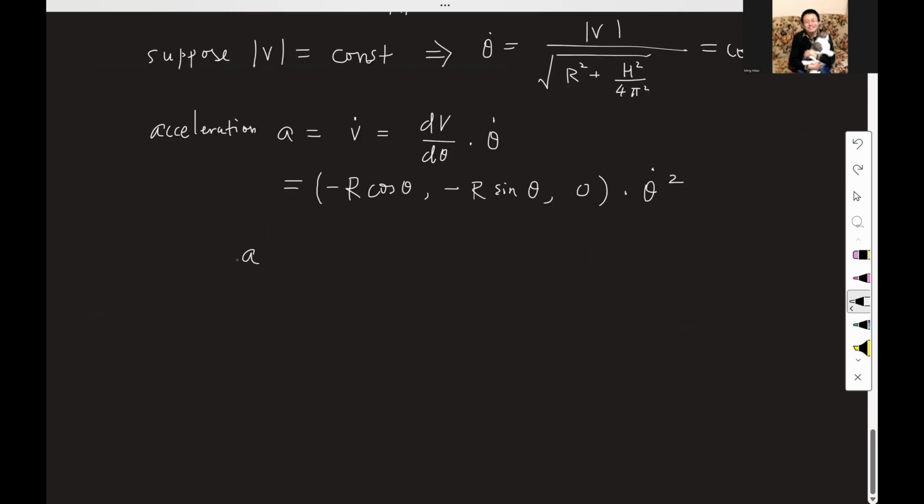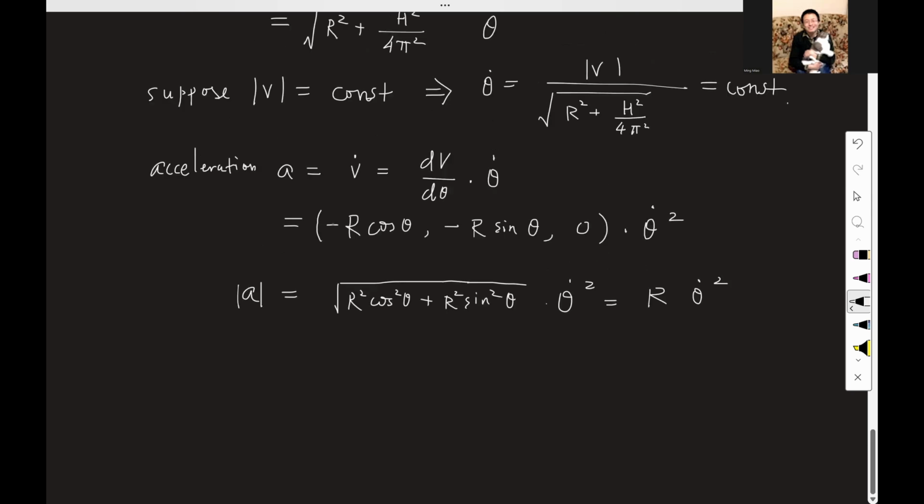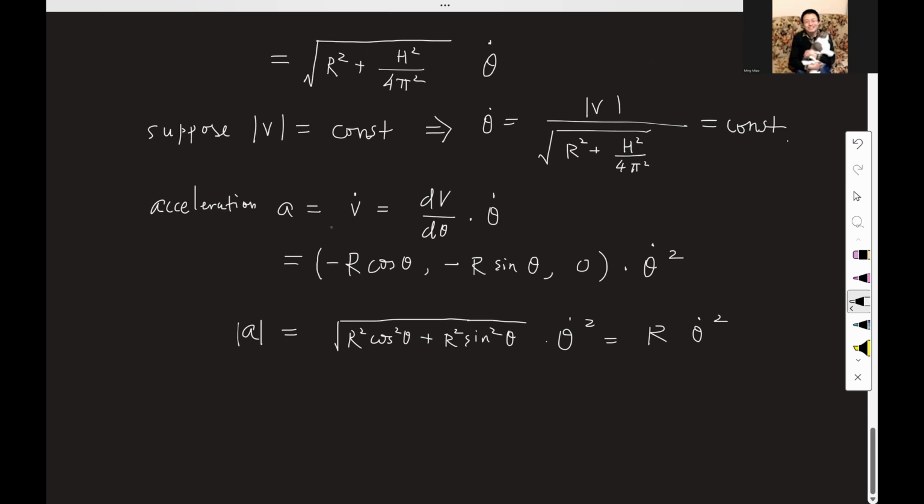Therefore, let's take the magnitude of the acceleration. That gives us r squared cosine squared theta plus r squared sine squared theta. The 0 component does nothing, and then theta dot squared. So this is just r theta dot squared.